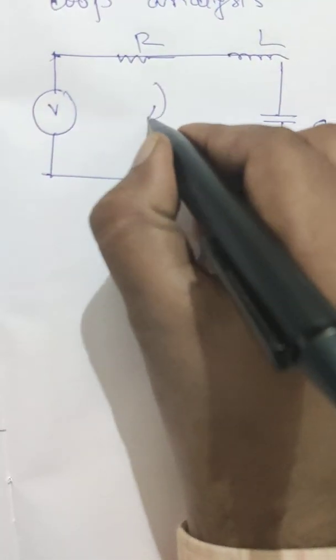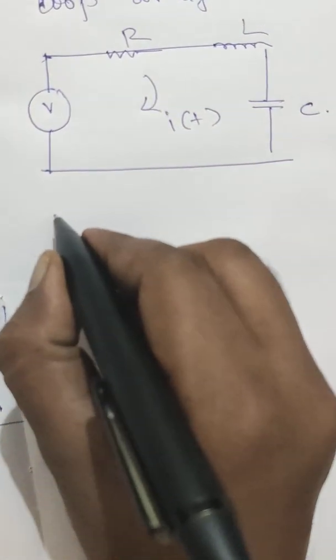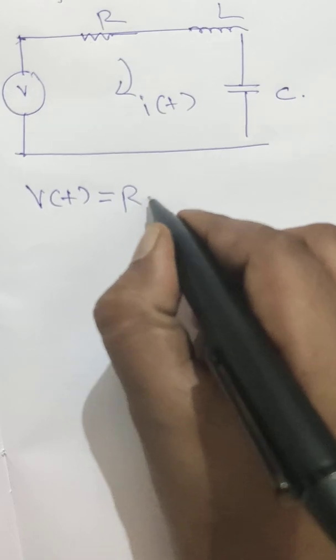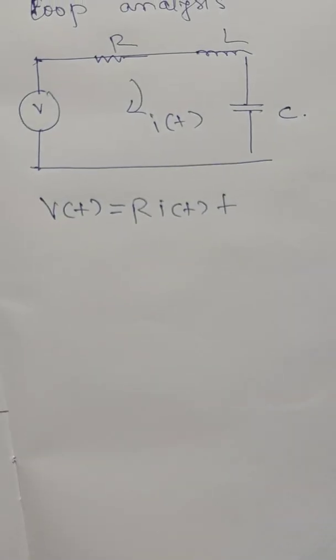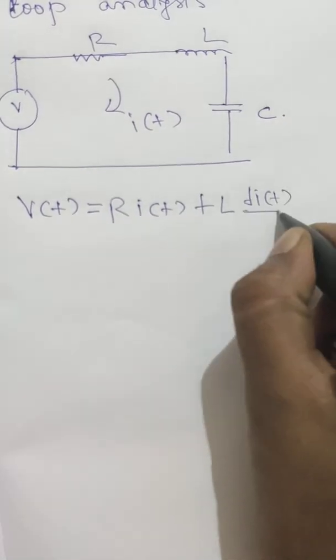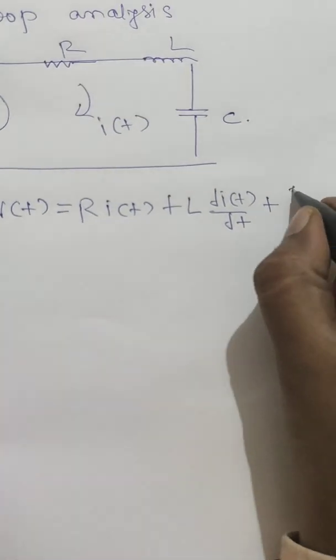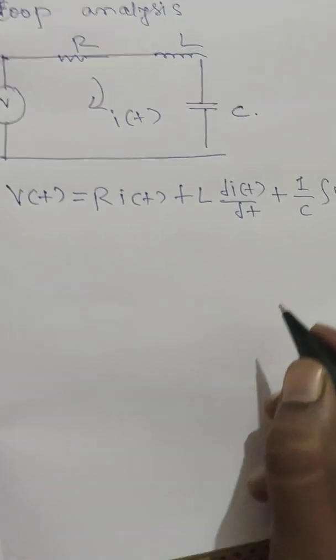The current is I of t. Applying KVL to this, we get the voltage equation: R into I of t plus L into di of t upon dt plus 1 by C integration of I of t dt.